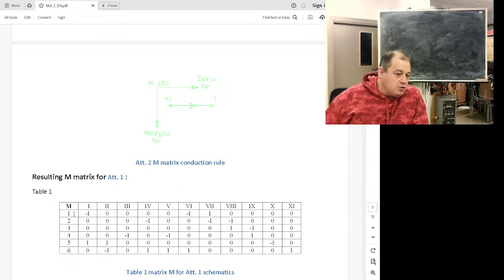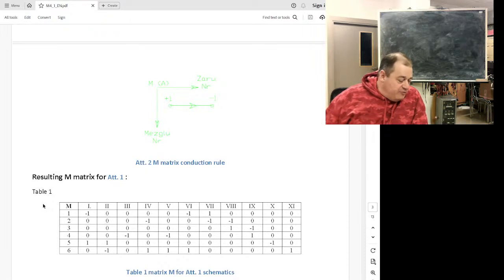So rows are the number of nodes excluding base. There is no row for the base node. And columns are the number of branches. If a branch flows into a node, I should write -1. If a branch flows from a node, I should write 1. This way, not the opposite.